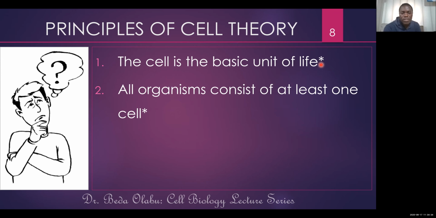How about viruses? Viruses are actually nucleic acids. You can have DNA viruses, you can have RNA viruses. Are they organisms? If we take this statement to be fully true, then it will eliminate viruses as being organisms.